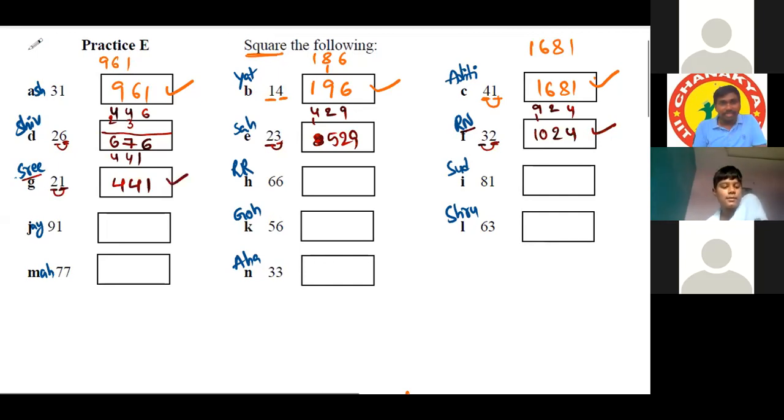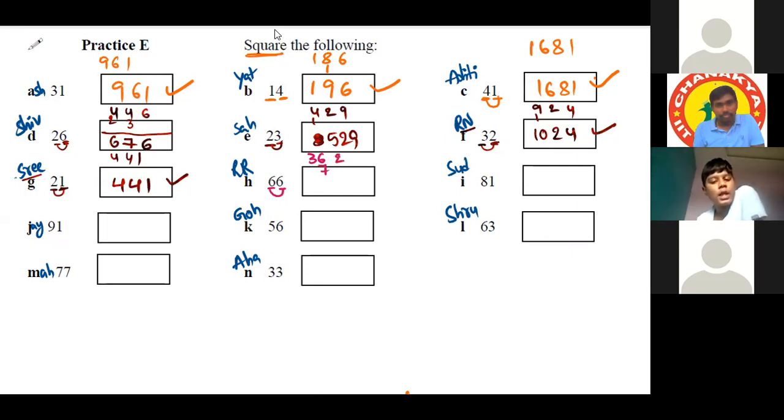Then Ritvik. So the question is 66. First 6 square is 36. And duplex of 66 is 2 into 6 into 6, so 2 into 36 is 72.